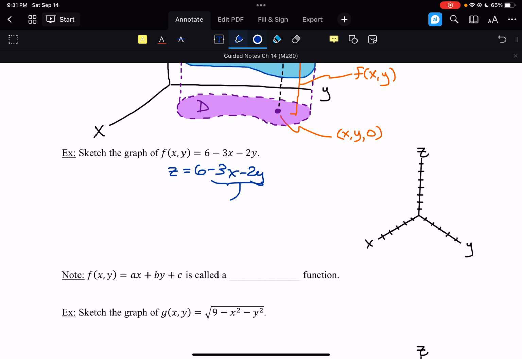And let's add the variables over to the other side. So we're going to get 3x plus 2y plus z equals 6. And this type of equation is actually one that we've worked with before. So this is the equation of a plane.